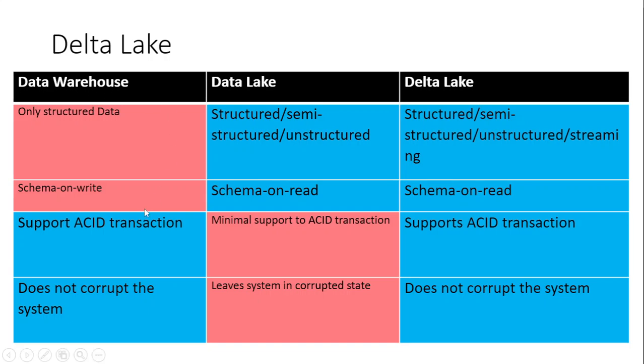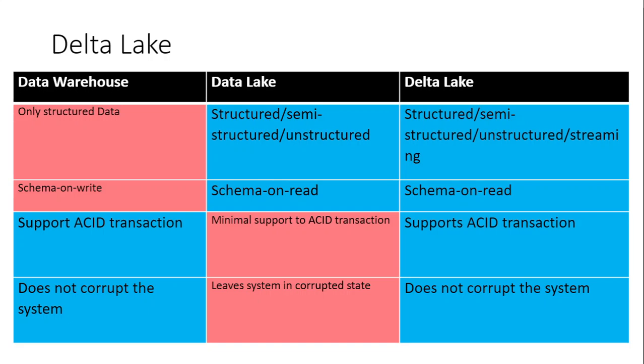When it comes to ACID transactions, a data warehouse has very good support. But a data lake has very minimal support for ACID transactions. In case your system corrupts, a data warehouse doesn't leave your system in a corrupt state, but a data lake can leave your system in a corrupted state.